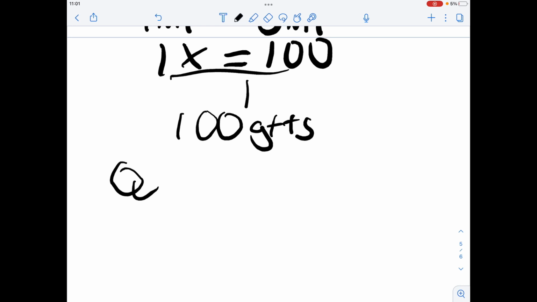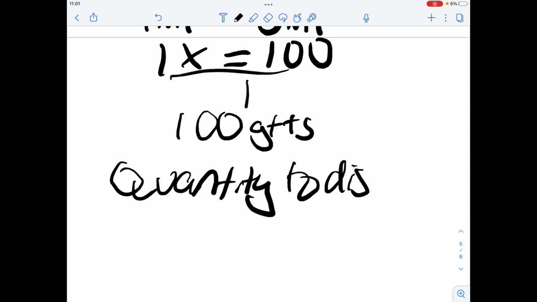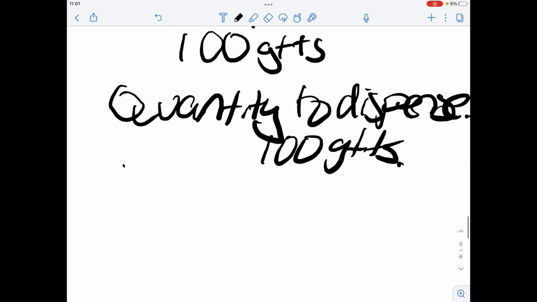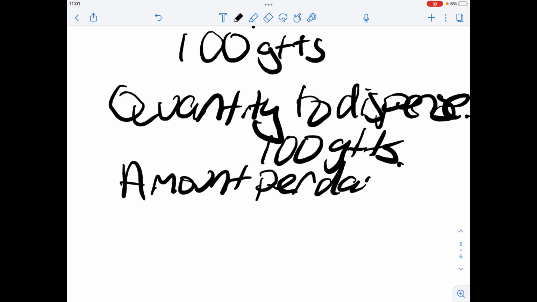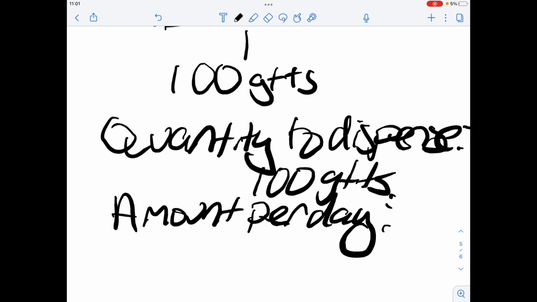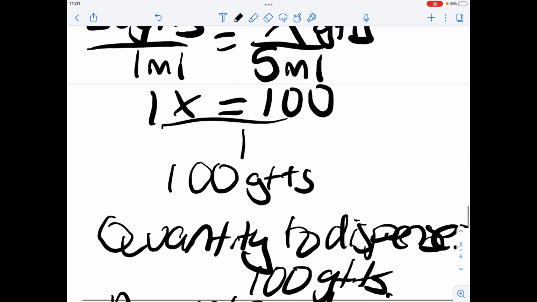So quantity to dispense is 100 GTTS. The amount that you would take per day, once again, is the dose times the frequency.